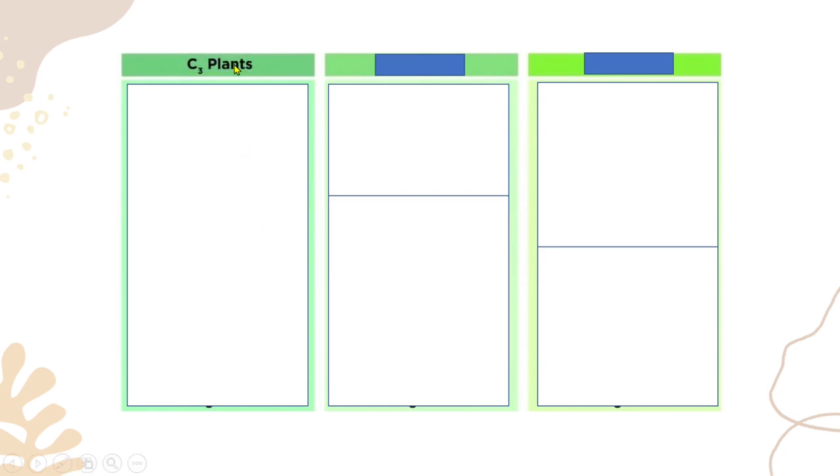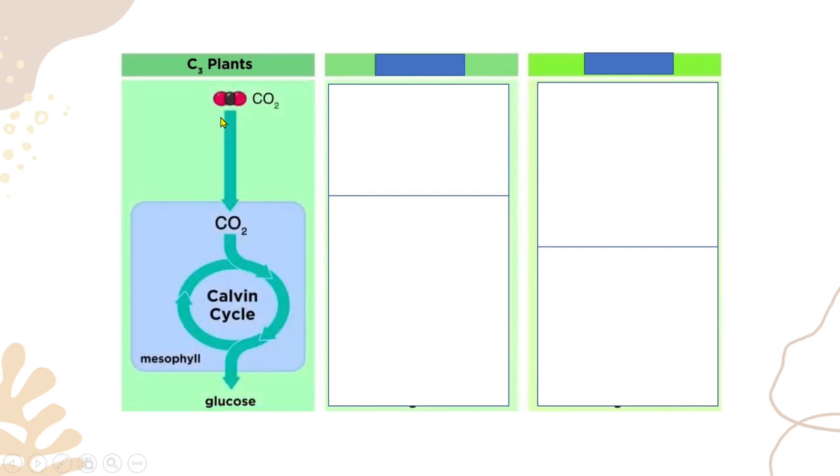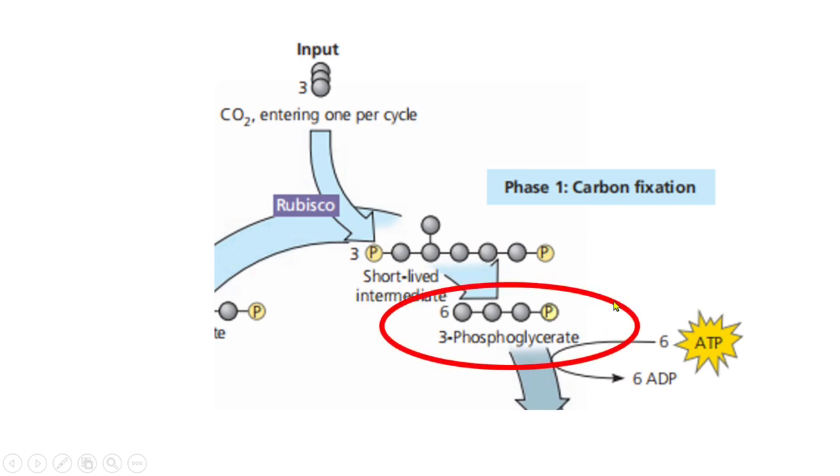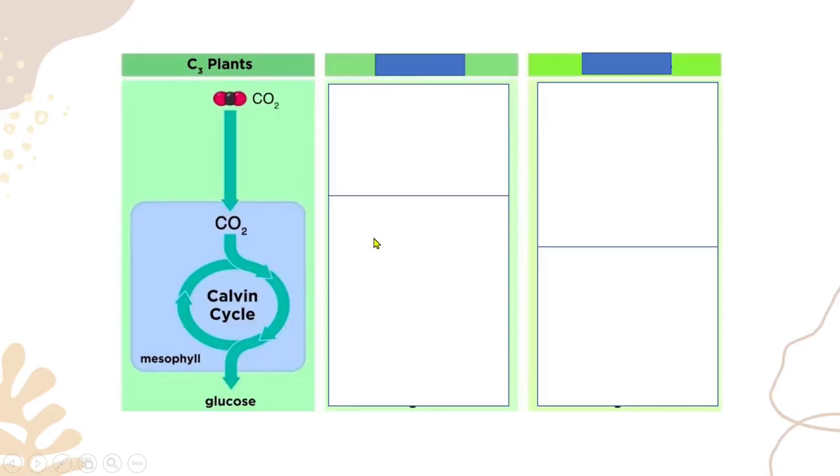For the C3 plants, this is the normal Calvin cycle that we have discussed a few moments ago. Simply, the carbon dioxide will enter into the Calvin cycle, and the reason it's called C3 is because it becomes a 3 carbon molecule, which is shown as 3-phosphoglycerate over here. That's one of the most important distinguishing features of the C3 pathway.